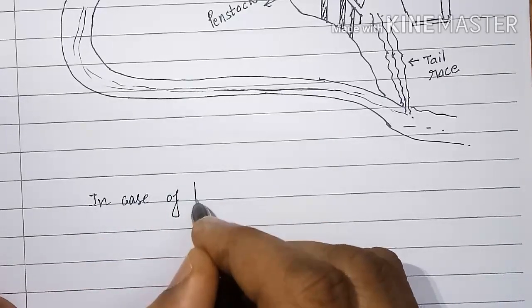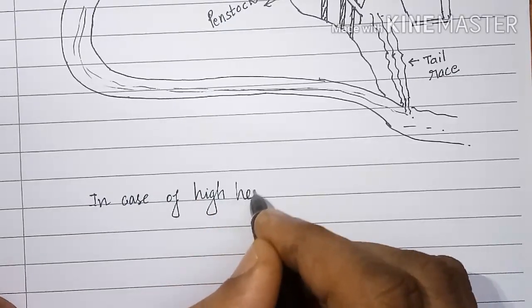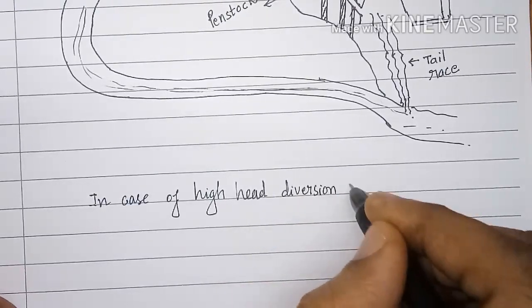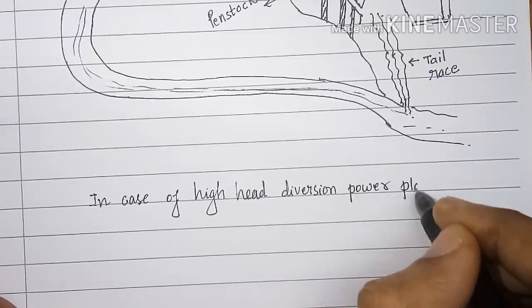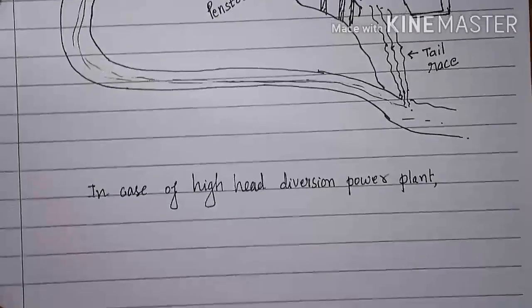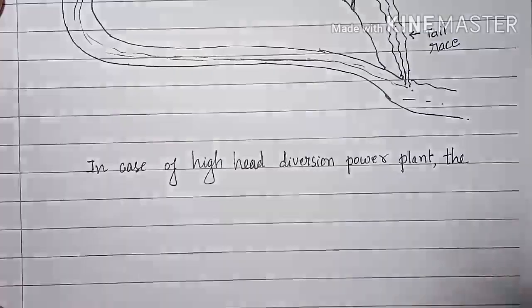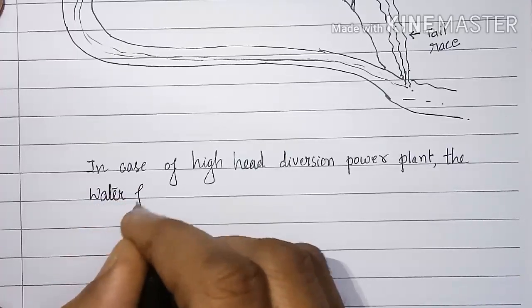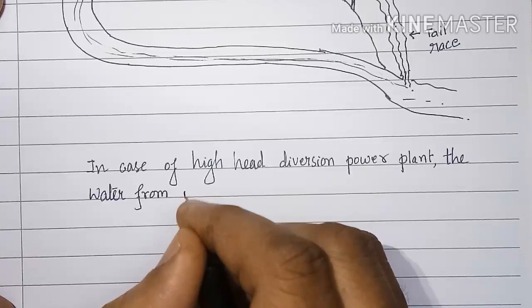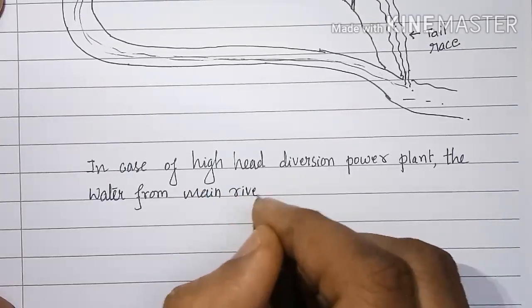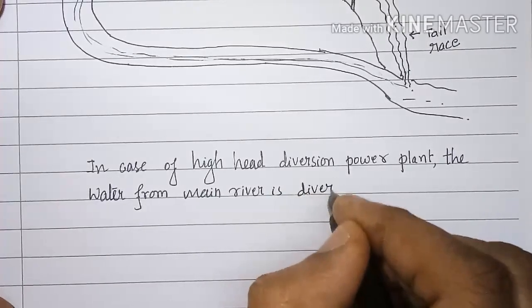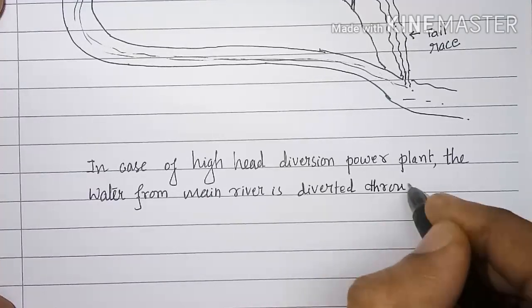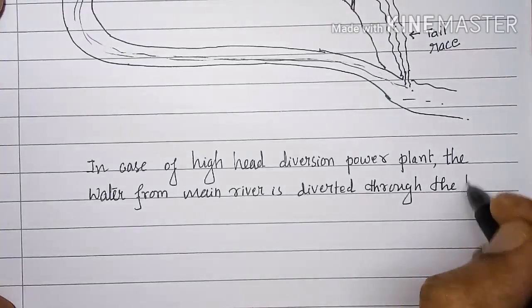In case of high head diversion power plant, the water from main river is diverted through the tunnel.